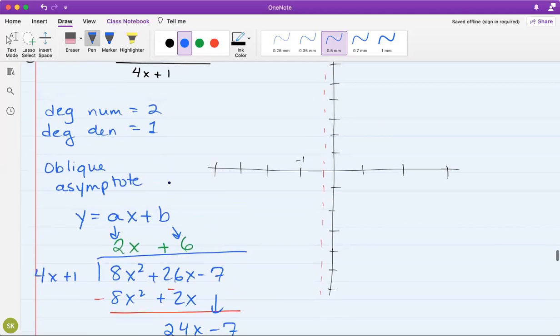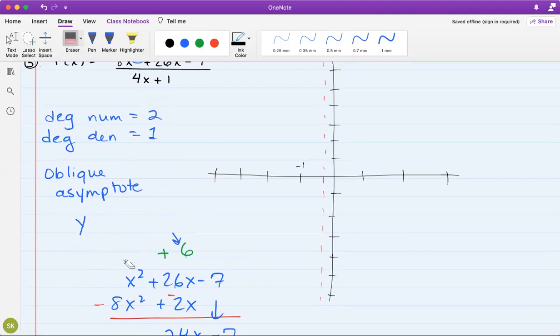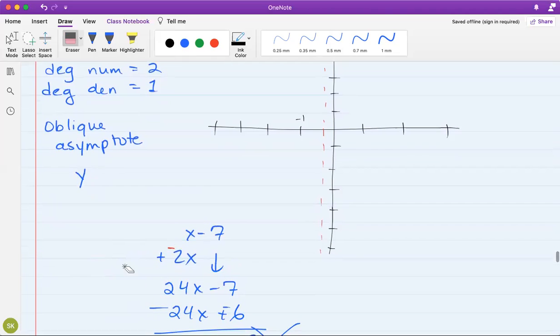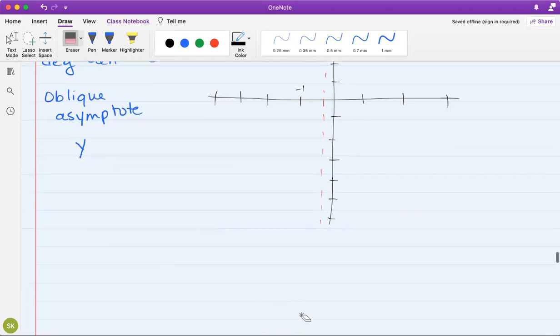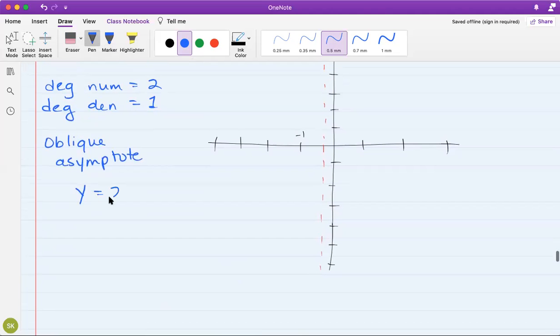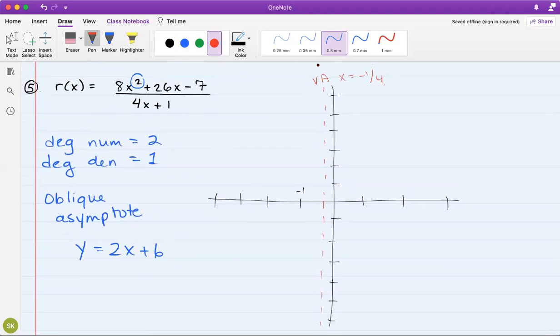So let's graph this line, 2x plus 6. In fact, let's also write it here. Okay, so y is equal to 2x plus 6. The y-intercept is 6, so that's right here.